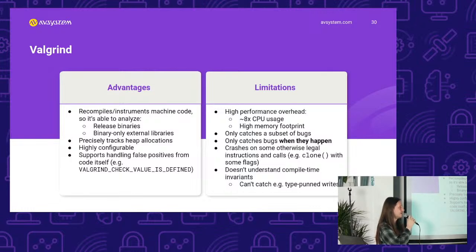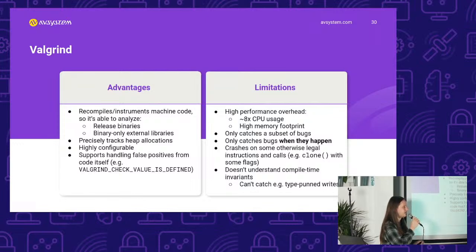You can test release binaries, external libraries, and so on. And it's highly configurable. And if you are testing your own code, then you can use Valgrind's library to mark, for example, you can put something like this, and it will not treat a variable as undefined, even if it would otherwise. But of course, the code will be slow.